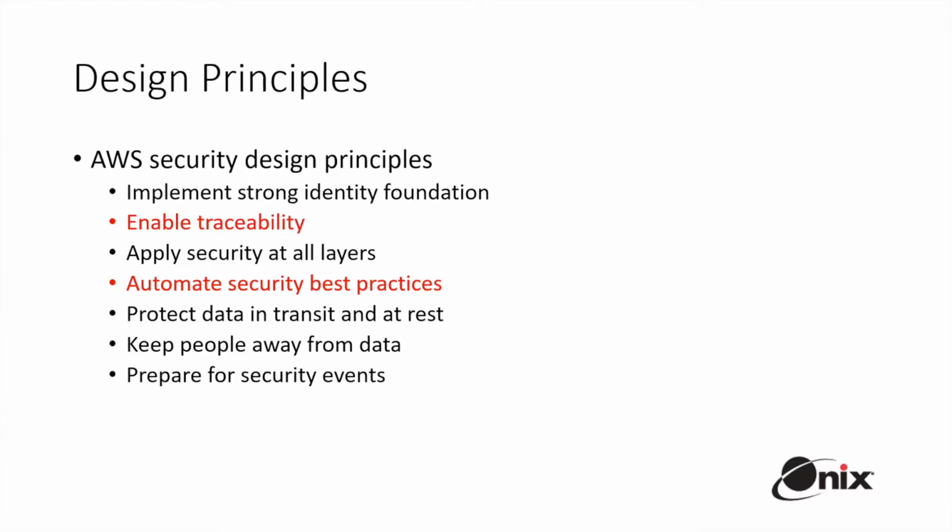Historically, traceability, which means logging and monitoring, has been a detective control. With the cloud, we're able to change that now and monitor changes in real time. I'll talk about automating security best practices on the next slide, but with the cloud capabilities, we're able to say, this is occurring right now, instead of waiting for a human or some other program to look at it days or weeks later, or even months later.